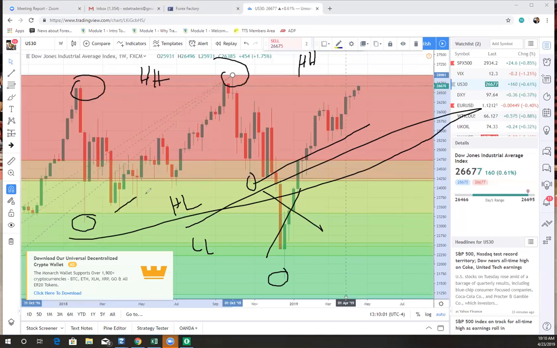Everything here, these are your minor higher lows, minor lower highs, minor higher highs, minor lower highs, minor lower lows, minor higher high, minor higher high.